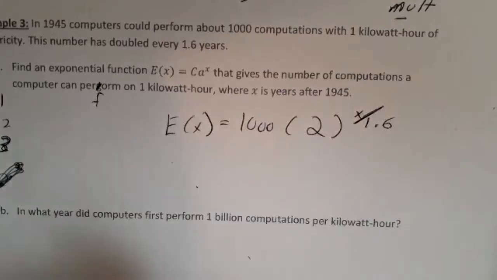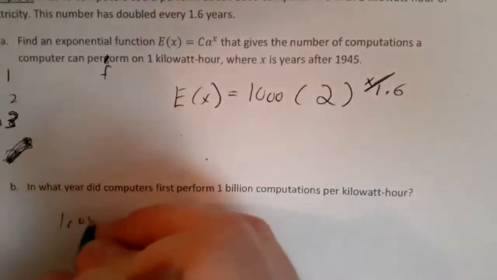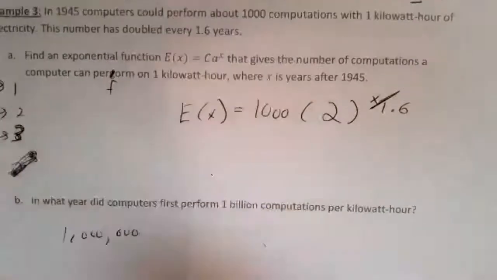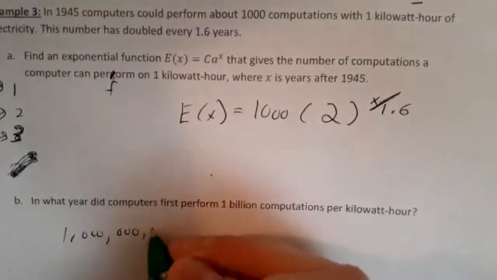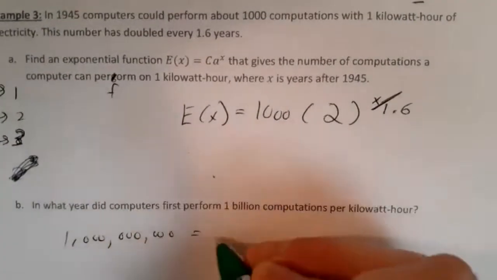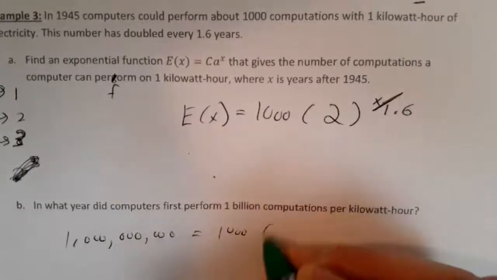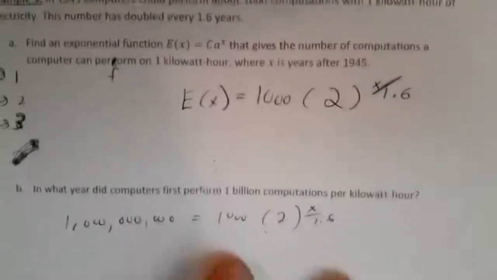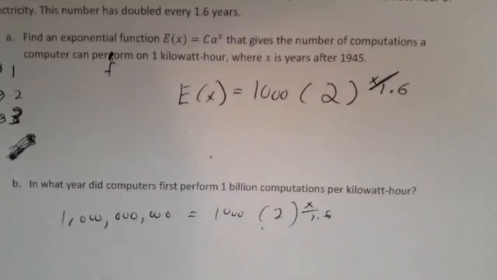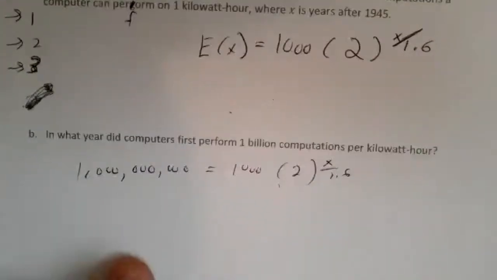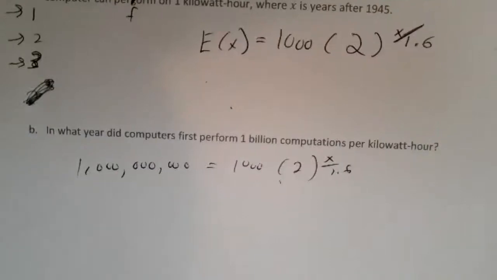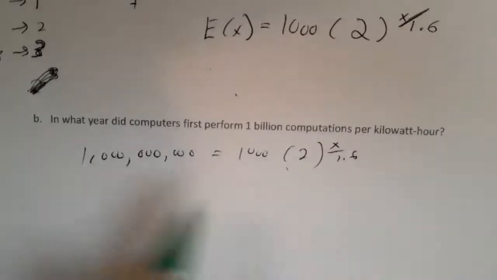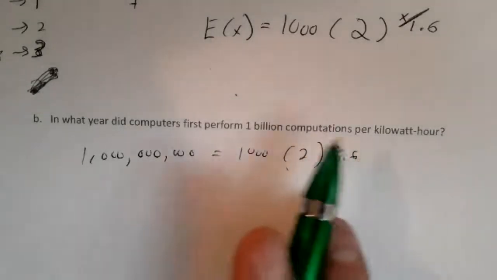And so if we plug in a billion, 1,000 million, billion, and this is 1,000. So we plug in a billion, and now we're trying to solve for this x.